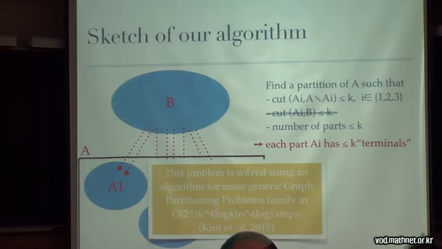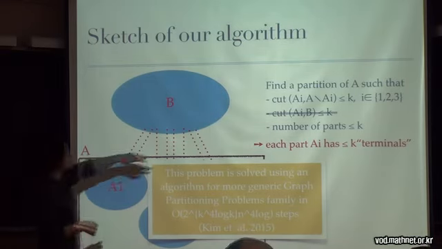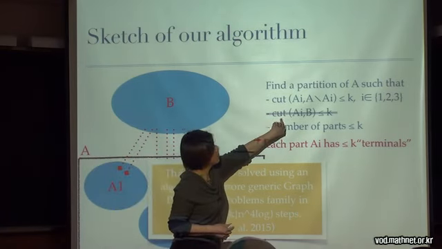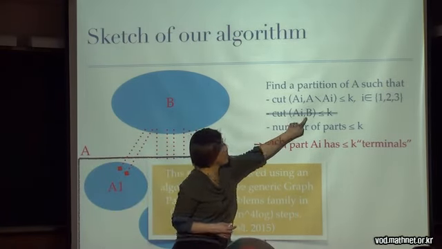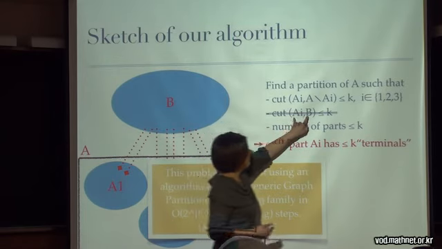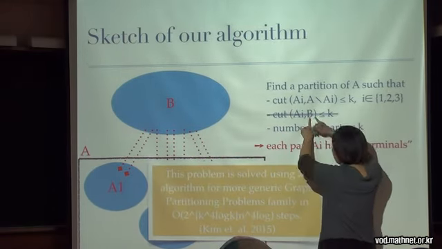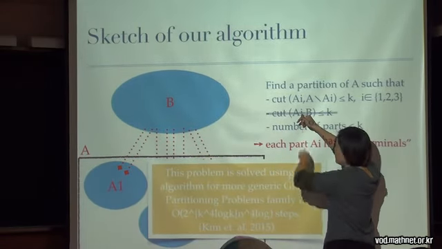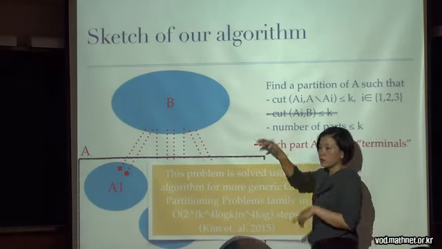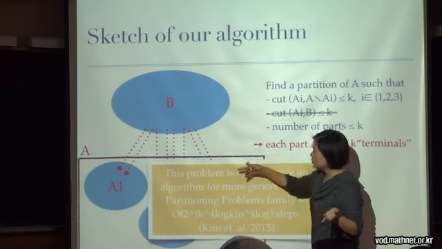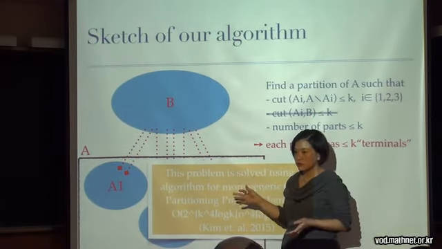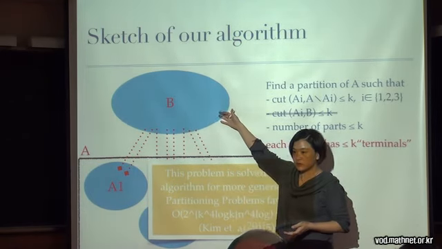Yeah. So this second condition, taking care of the cut between Ai and B, is a little bit bad because we want to forget about these B vertices. We want to find the partition of A, and when you do that, you want to forget about B vertices.